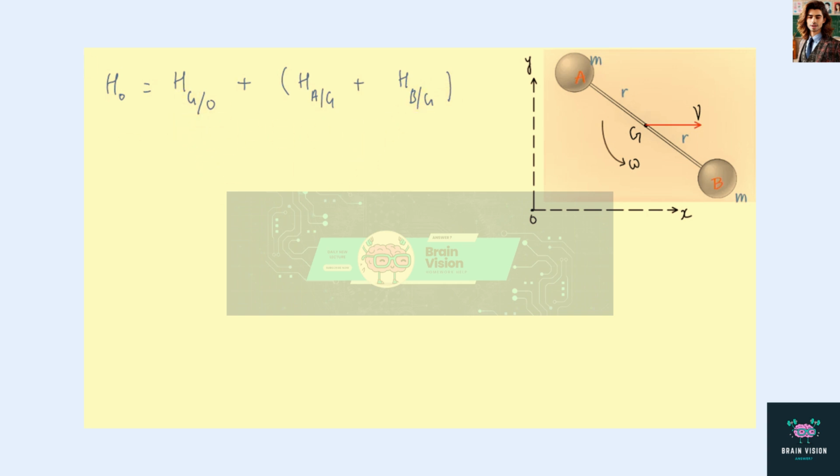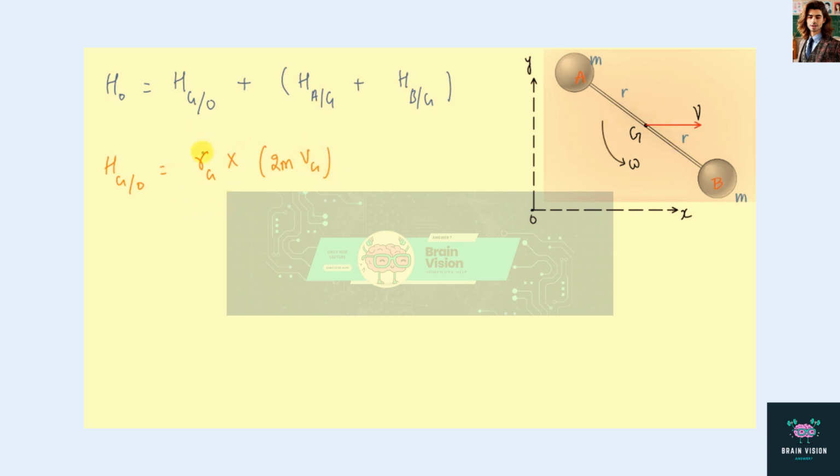Now H_G of O is equal to the position vector R_G cross the mass 2m times the velocity V_G, and V_G we are given as V.